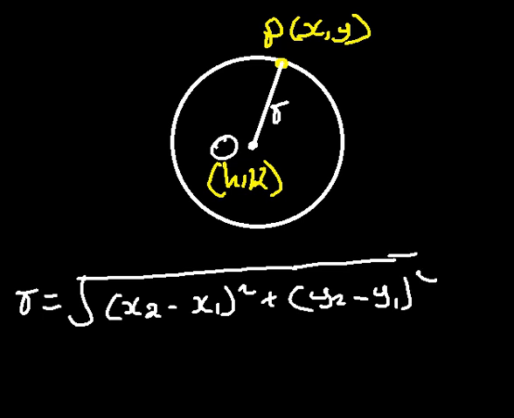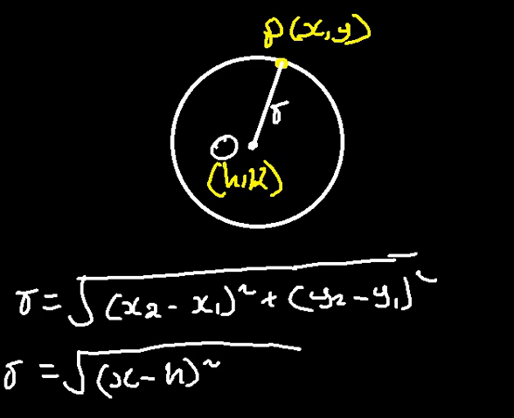That's the distance formula. Now let's think of substituting what you have there, which means we have the radius given as the square root of, now what is the x2? We'll have it as x minus, what is the x1? We'll have it as h, to the power 2, plus y minus k in that way.